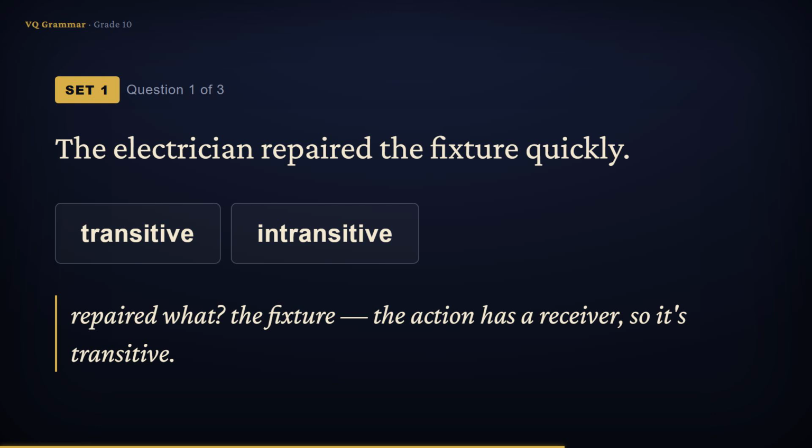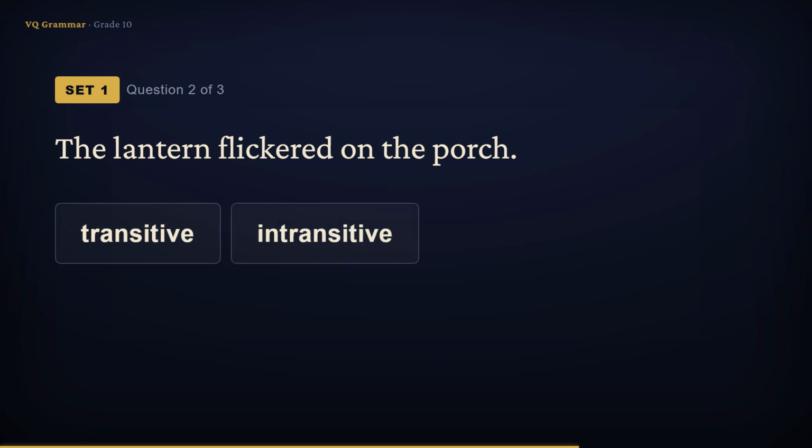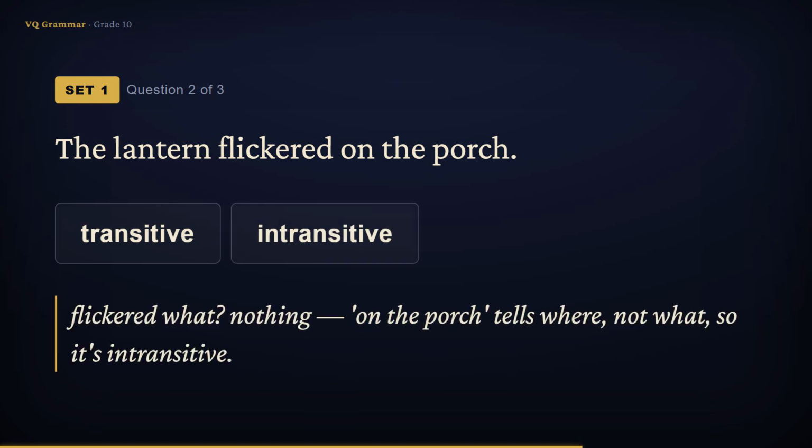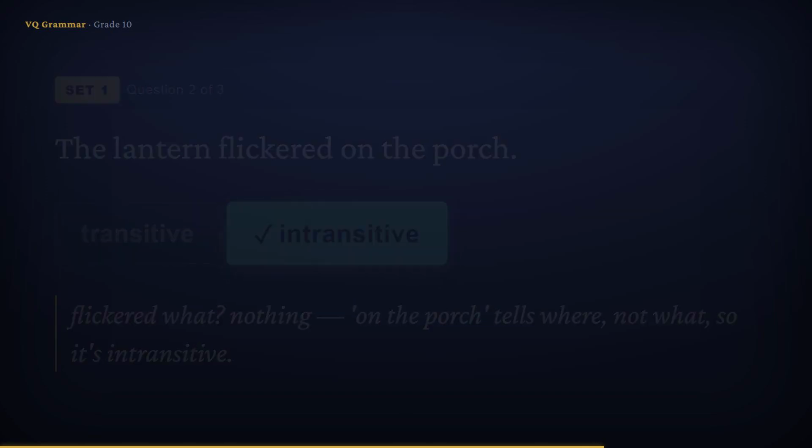The fixture. A word answers, so the action has a receiver. This verb is transitive. The lantern flickered on the porch. The verb is flickered. Ask, flickered what? Nothing answers. On the porch only tells us where. With no receiver, this verb is intransitive.